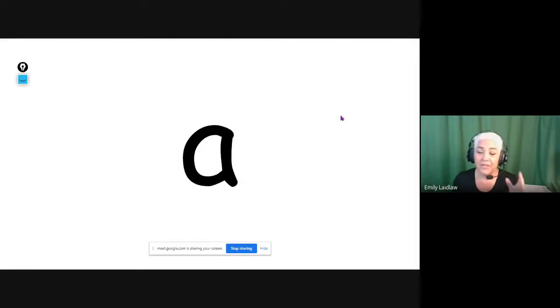The schwa sound I would teach from 3rd grade on up, or maybe 2nd grade, because then you get words like about and above and along and aroma, and any word where the A is at the very beginning or the very end of a word, it often says uh. It's technically the schwa sound, but am I going to say, oh yes, it's using its schwa sound? Or am I going to say, yeah, we're going to use the A to spell uh in above and aroma. And I know aroma is on the 3rd grade list.